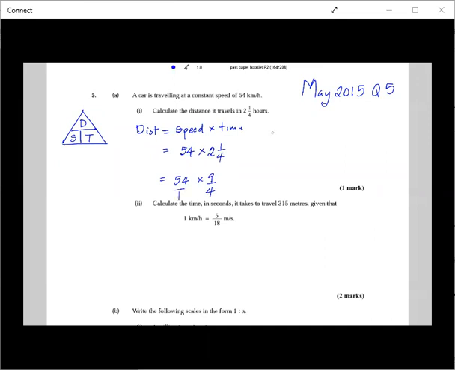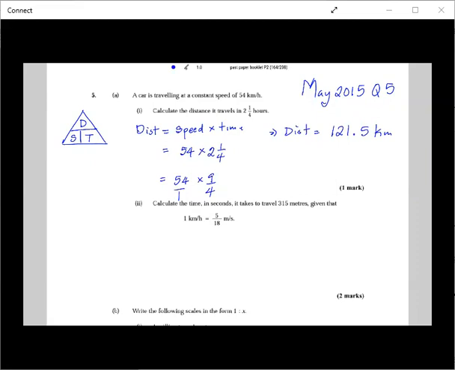So therefore the distance would be equal to 54 times 9 divided by 4. The distance is 121.5, and this is kilometers.